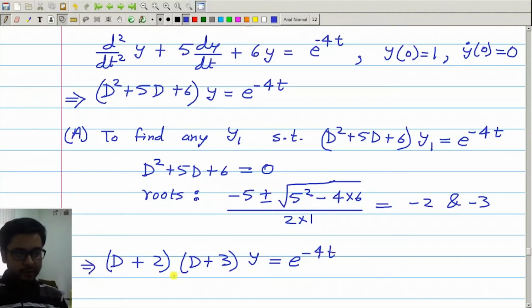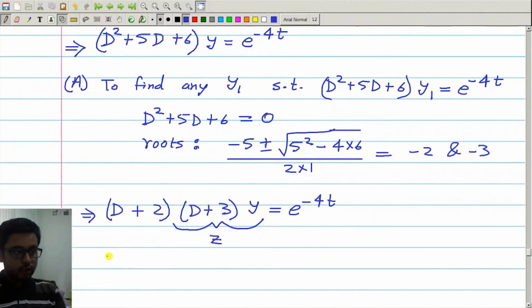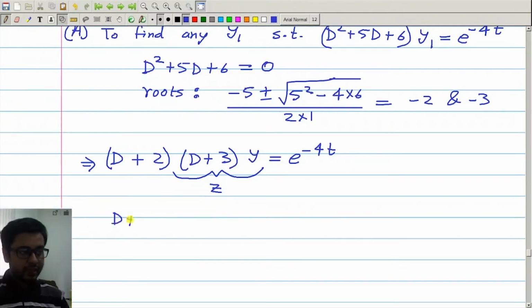Now let me define this term as z. So we have (D plus 2) acting on z is equal to e to the power minus 4t. The input here is of the standard form, that is an exponential multiplied by a polynomial.